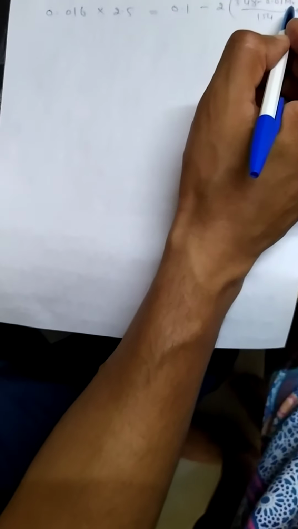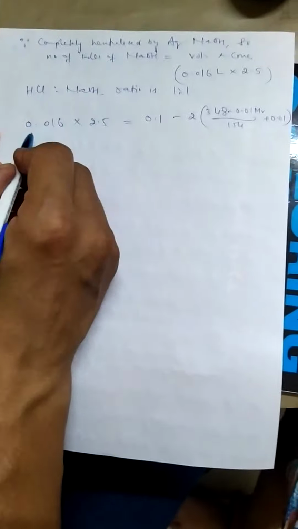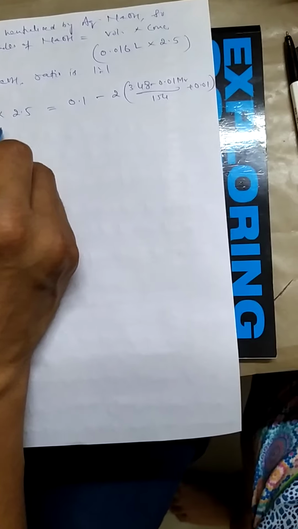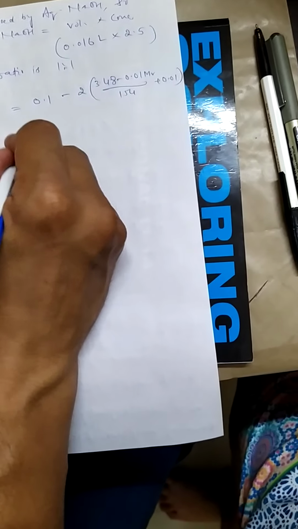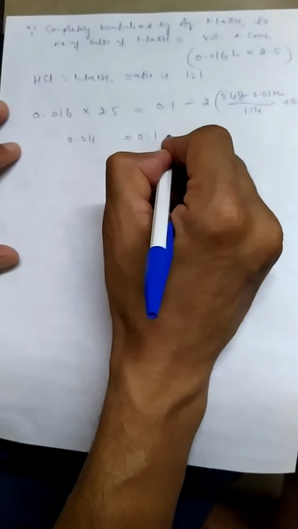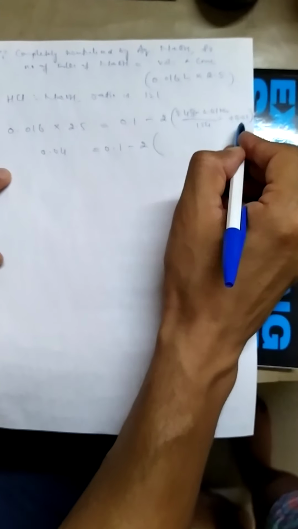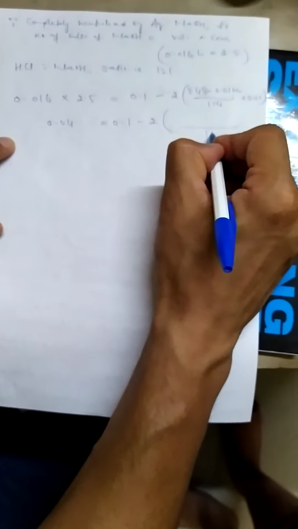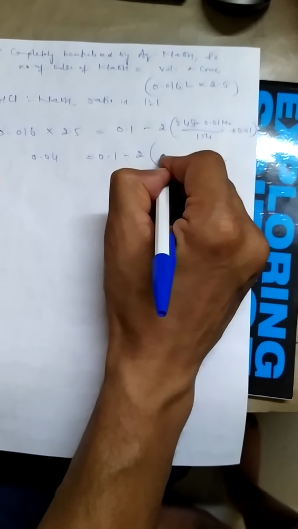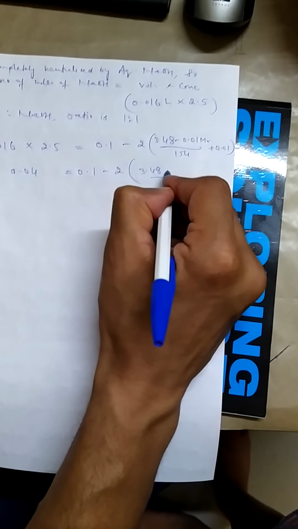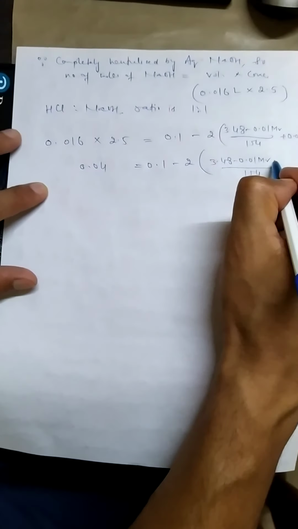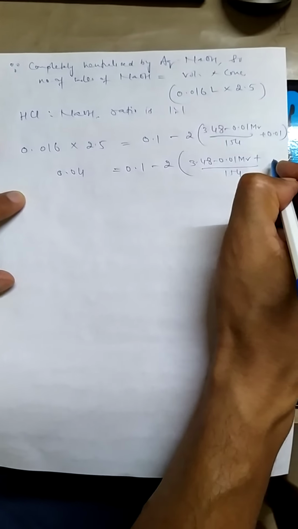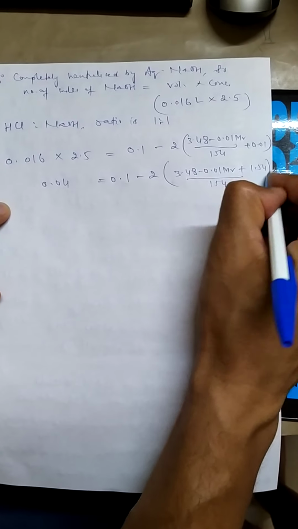So when we solve it, this comes out to be 0.04 is equal to 0.1 minus 2 times. Now just to solve it, we'll take its LCM 154 and then it becomes 3.48 minus 0.01 Mr, and plus, because this has to be multiplied, it becomes 1.54.